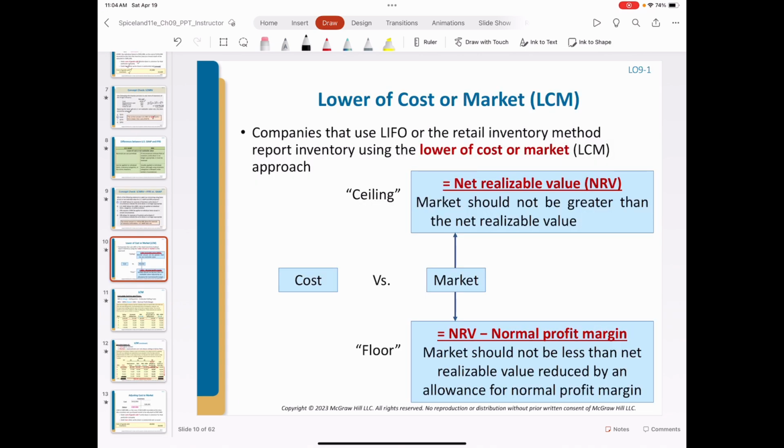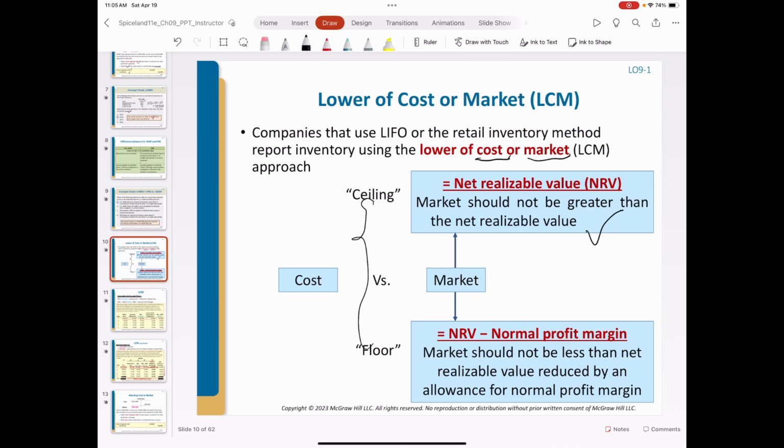The next method is very similar to the LCNRV, it is LCM. We will compare the original book value or old cost with the market value. Here it is not the real market value. It is a designated market value. It is determined by three values. One is net realizable value, which is consistent with the prior method.